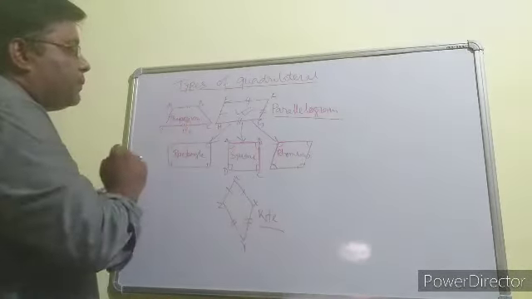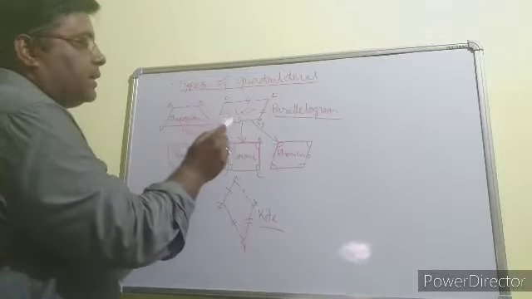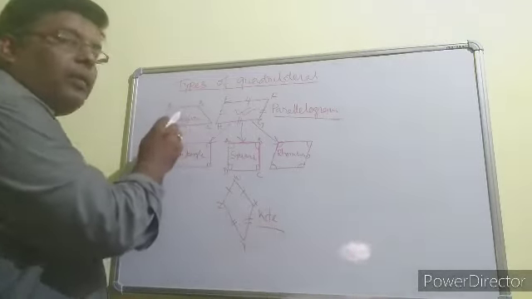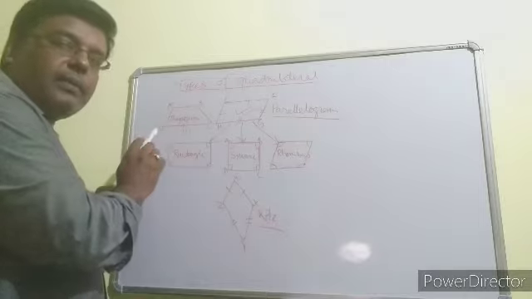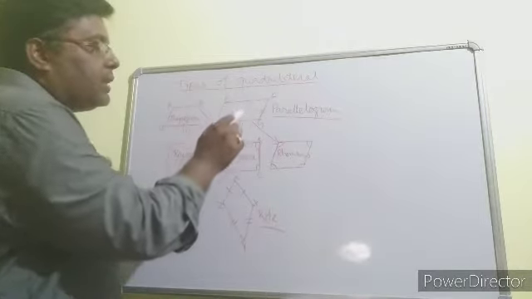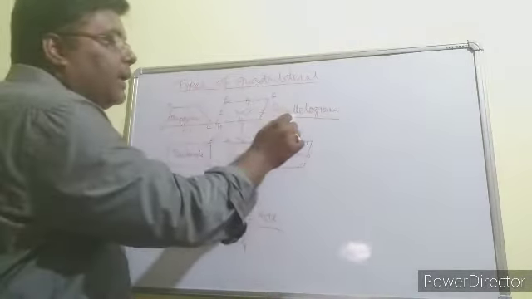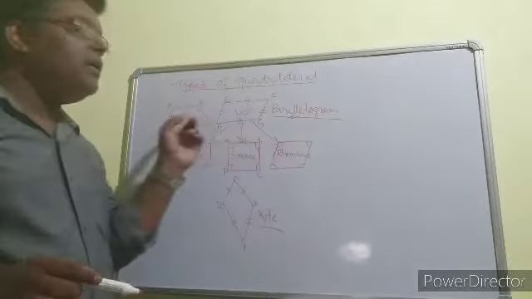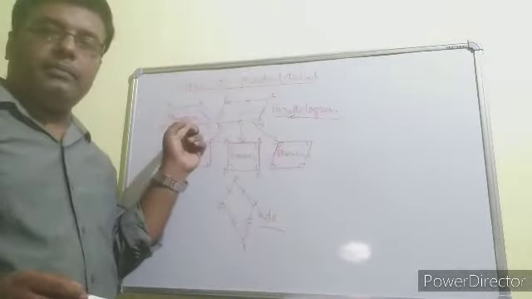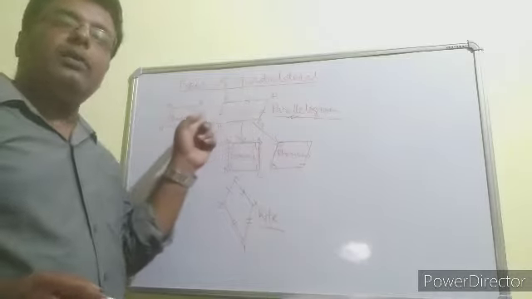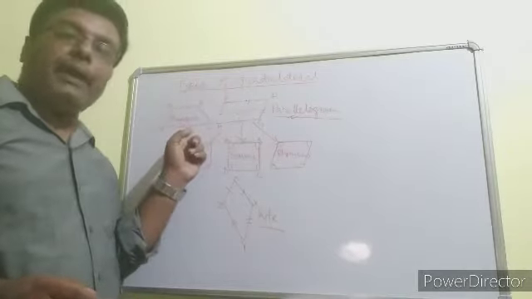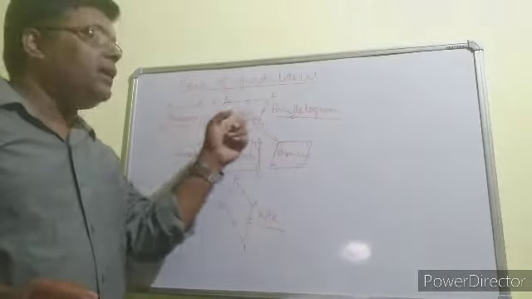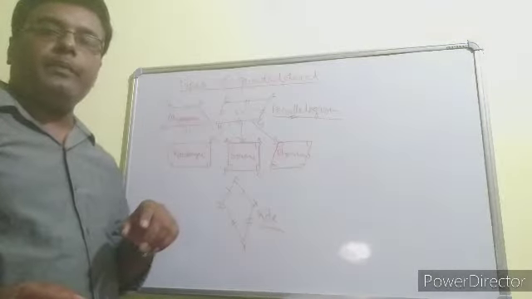Now in case of trapezium, see, if a pair of opposite sides is parallel, then it's called trapezium. So here a pair of opposite sides is parallel. That means a parallelogram may also be called trapezium. That is, a parallelogram is also a trapezium, but a trapezium is not a parallelogram.